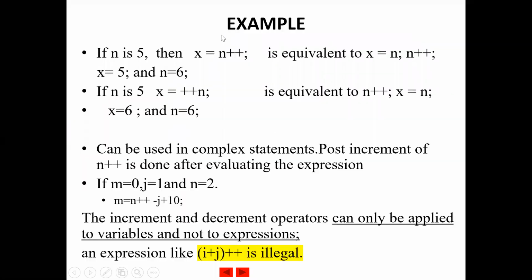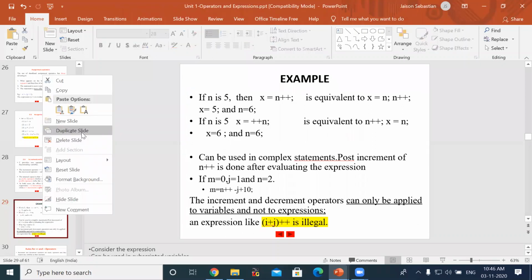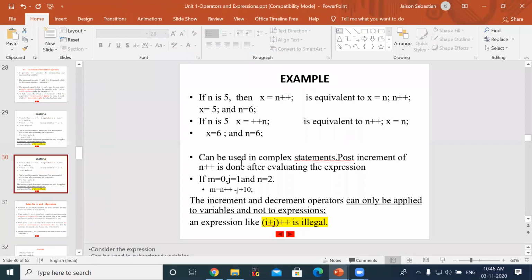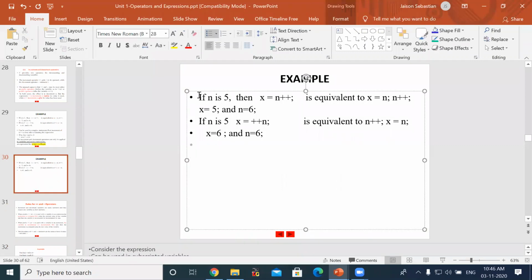Now when I check notes, it should not be wrong. I had explained both increment and decrement operator. Understood? This is for the post and the pre increment. The other one I had explained, I will do it again. Otherwise, I'll make a duplicate slide. So when you send me the notes, it should be like this.